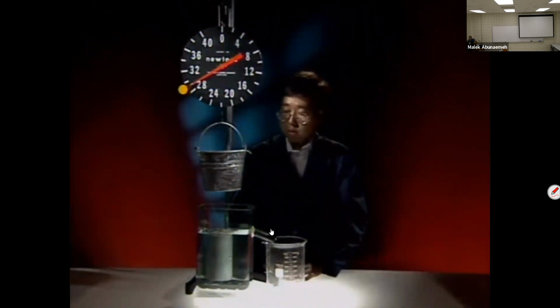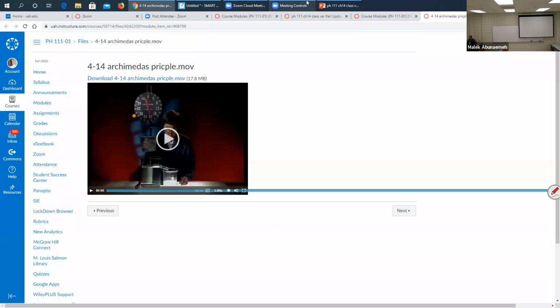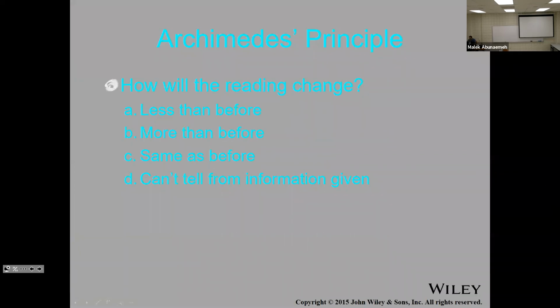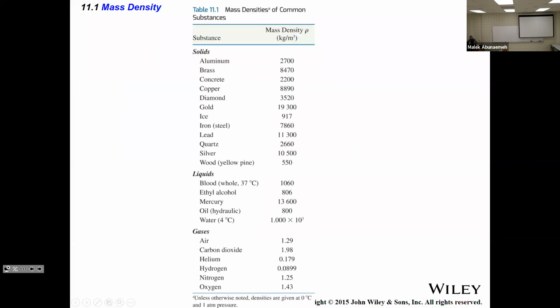So the buoyant force is equal to the weight of the displaced water. All right. So we looked at the mass density of a substance again, which is your mass per volume, which is going to be kilogram per meter cubed.